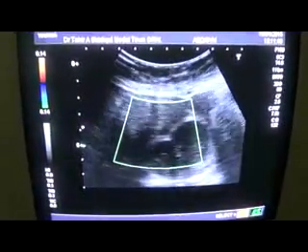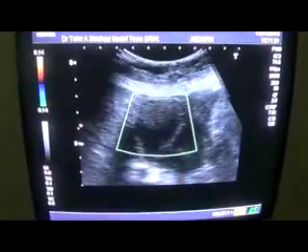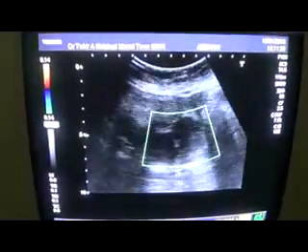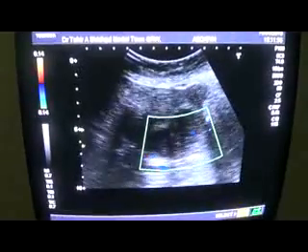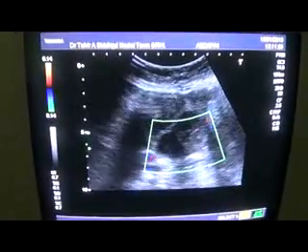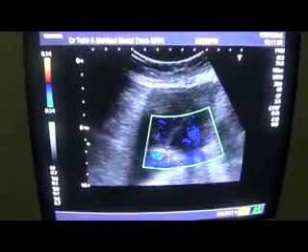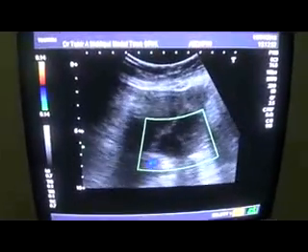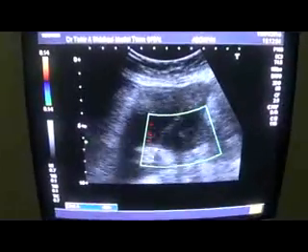As such, there is no significant vascularity within the cyst. However, the area which is filled with thick echoes shows some vascularity. These are the iliac vessels.